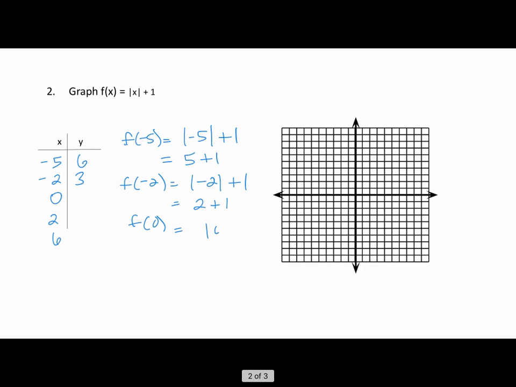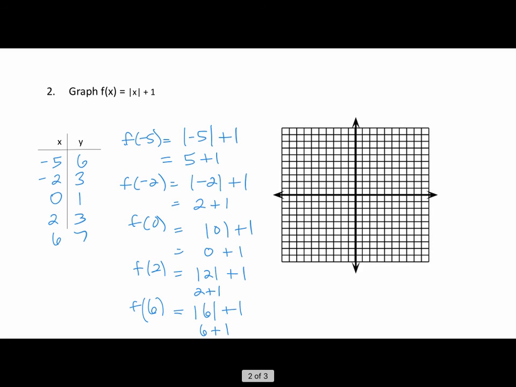F of 0, the absolute value of 0 is no units distance from 0, because it is 0. Plus 1 more. A +2 is going to be 2 units distance, plus 1 more, so 3. And lastly, f of 6, so a distance of 6 plus 1 more unit is 7. Okay, hopefully this will give us a good idea of what this looks like.